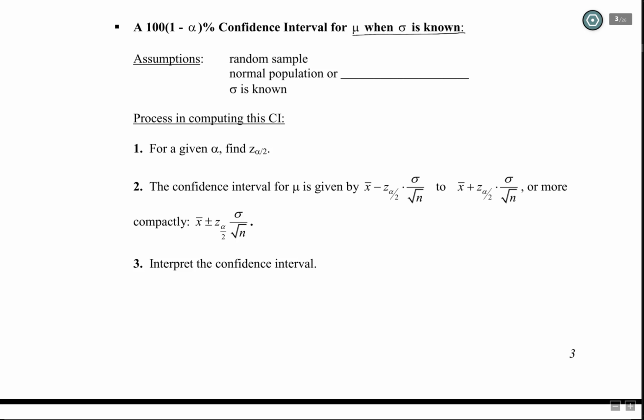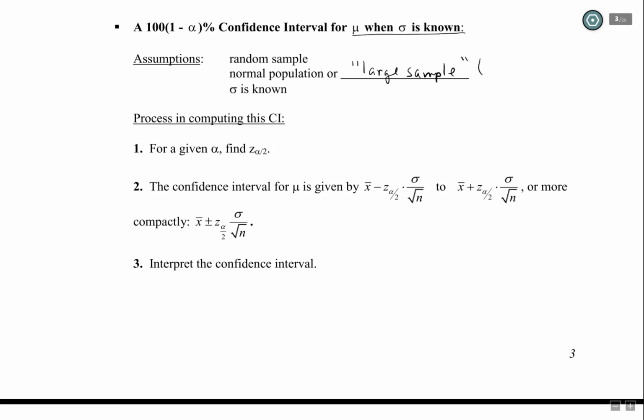The conditions or assumptions that need to be met in order to use this interval formula are as follows: that we have a random sample, that we have a normal population, or a large sample. For us, a sample is large if the sample size is 30 or more. We made that designation earlier.